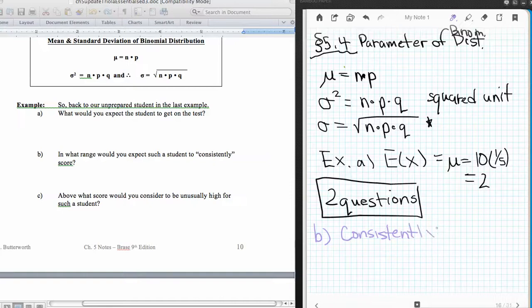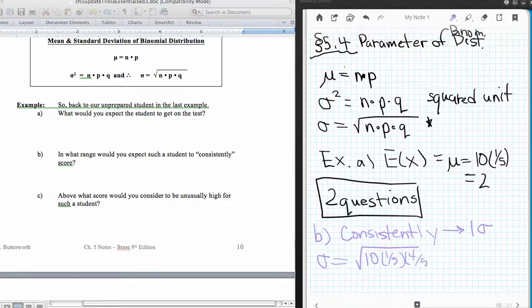So consistently, the range that you would be looking at for 1 standard deviation, of course we need to find the standard deviation. So the standard deviation is the square root of 10 times 1/5 and then times 4/5.